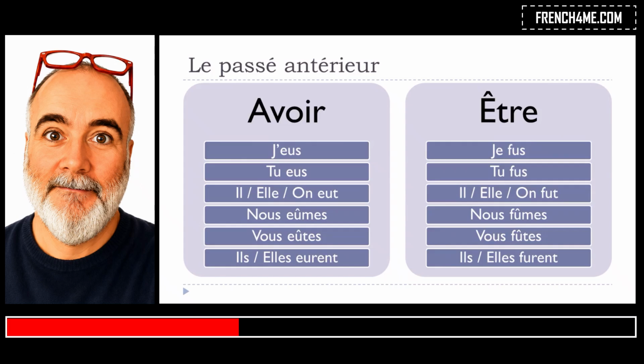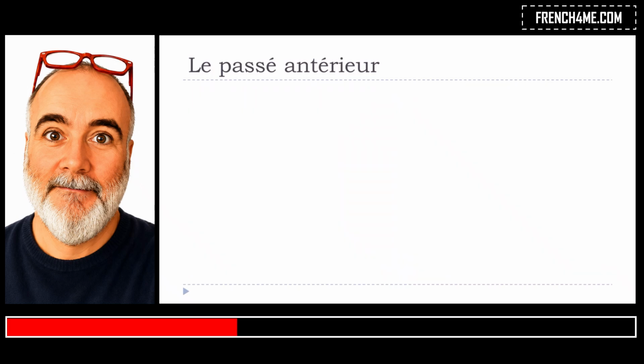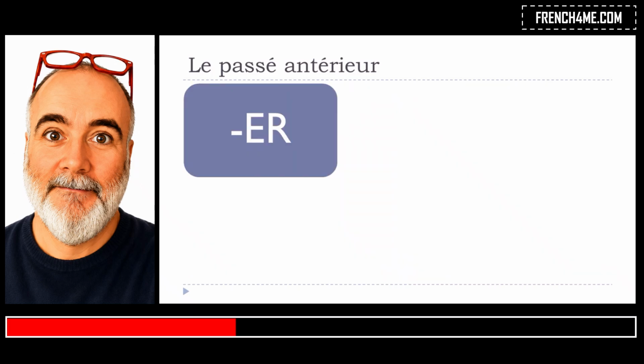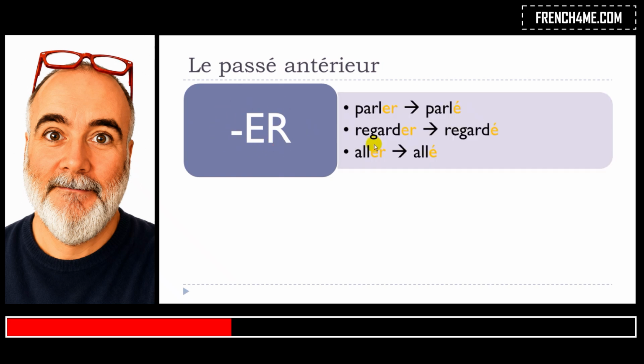Then the second part is what we call le participe passé. And keep in mind that when we're talking about the verbs from the first group, regular verbs ending with er, then they will be quite easy, because you just need to take away this er form and you put accent aigu instead. Phonetically it's quite easy because it's exactly the same thing.